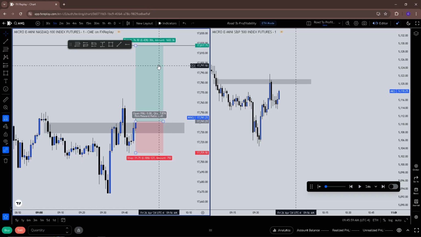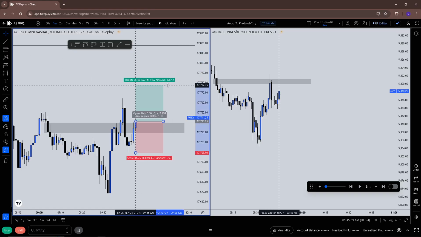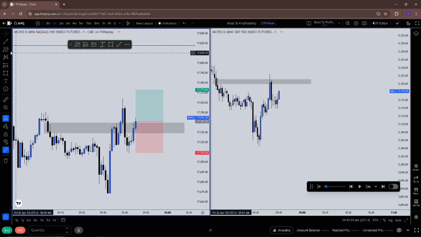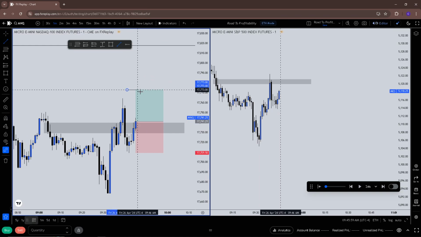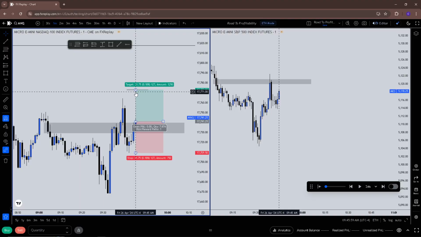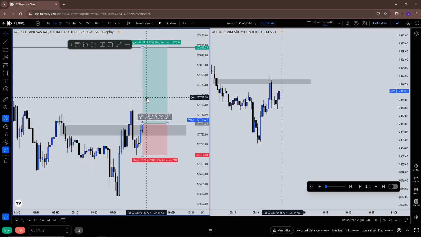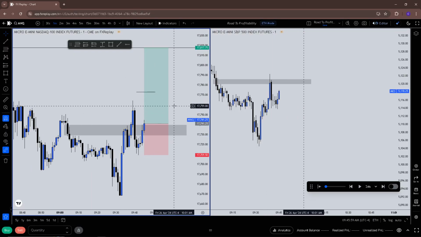Targeting data highs. 1-to-1 right here. Take partials. Close out 50% of the trade right there, as well as go break even.